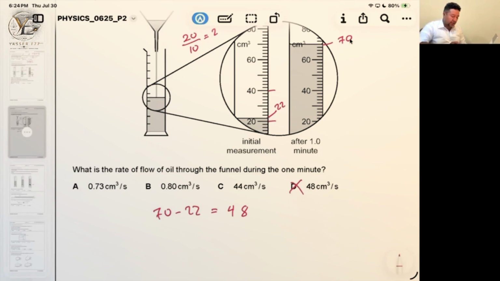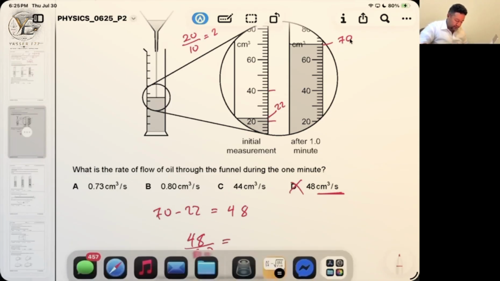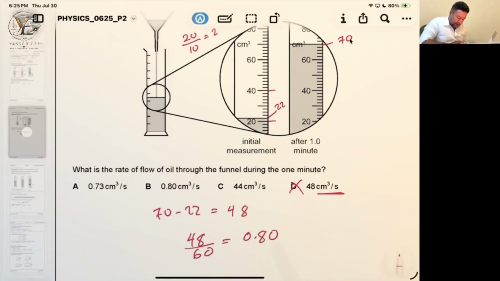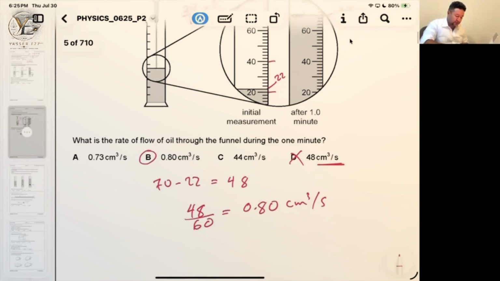Don't go to 48 because the rate here is per second. So 48 divided by 60 will give us the rate of flow. So 48 divided by 60 is 0.80. So 0.80 centimeter cube per second. So B is the correct answer.